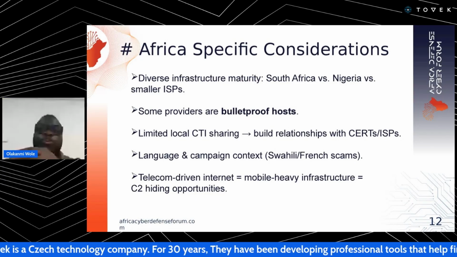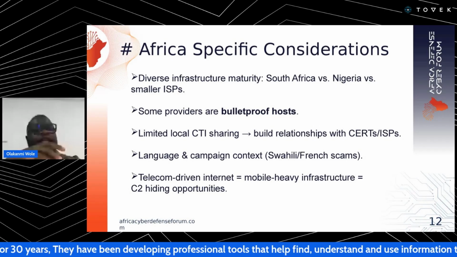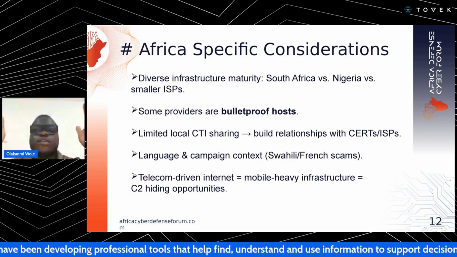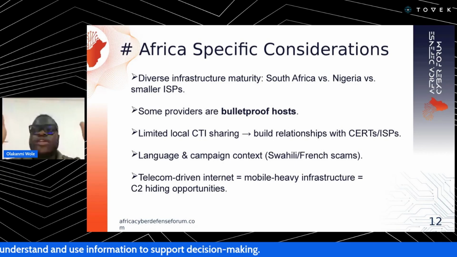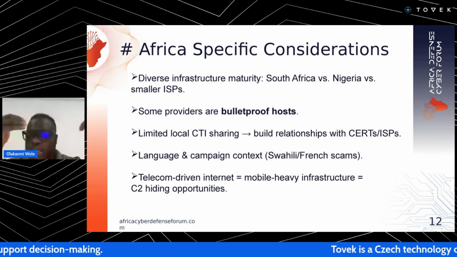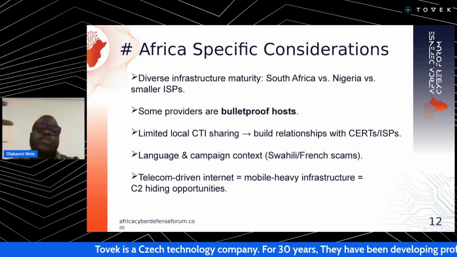So this is more of a predictive consideration, where we might eventually see threat actors move their infrastructure to mobile environments, and this would actually make detections harder, right? And provide more hiding opportunities for threat actors.